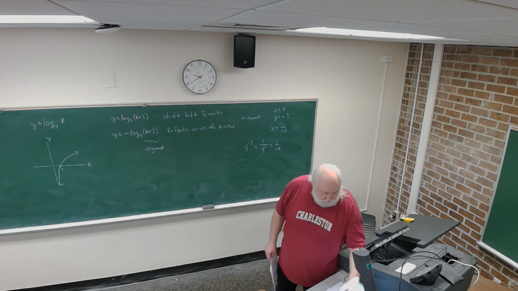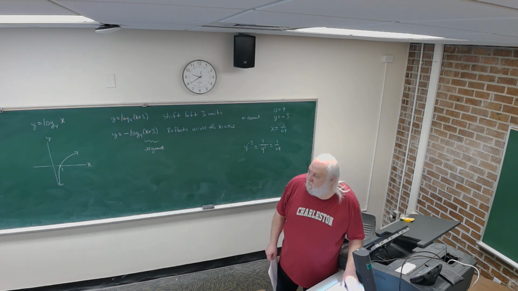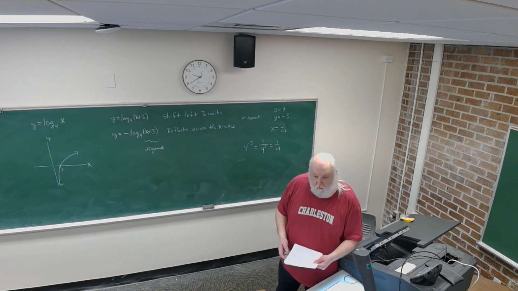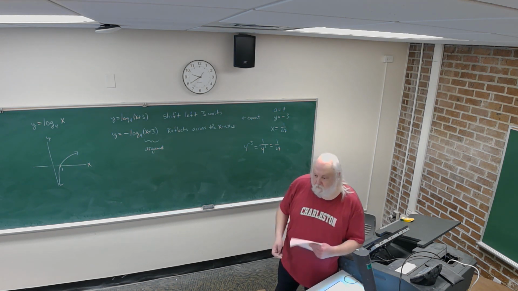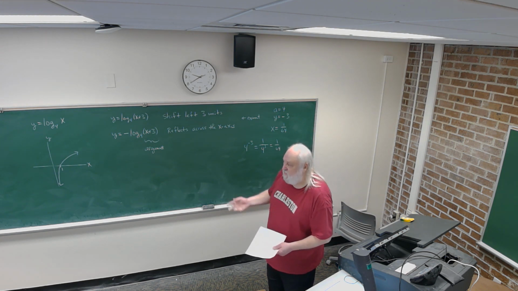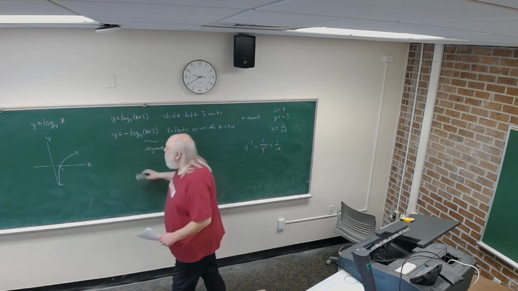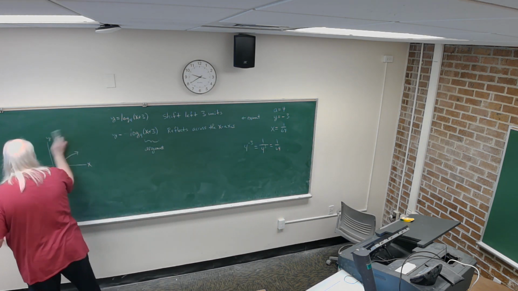All right, so flip over your handout. Yesterday we talked about the number e, where it came from, how it's sort of an amazing number because it's the limit of a sequence, the result of a sequence of numbers.